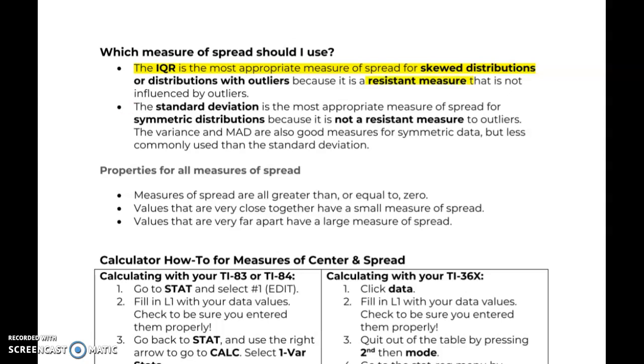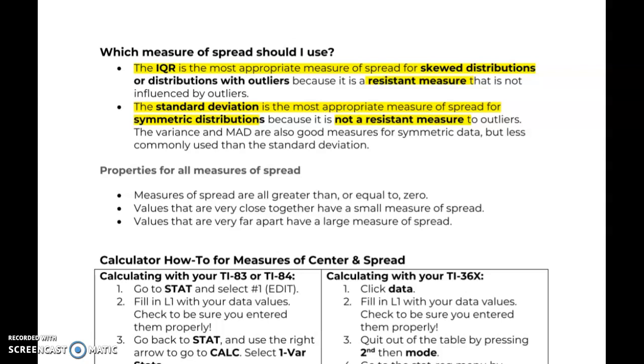The standard deviation, on the other hand, is the most appropriate measure of spread for symmetric distribution, and it is not a resistant measure to outliers over here. So we can see how the IQR goes with the median, the standard deviation goes with the mean, and for the measure of center, we use the median for skewed distribution, and we use the mean for symmetric distributions.